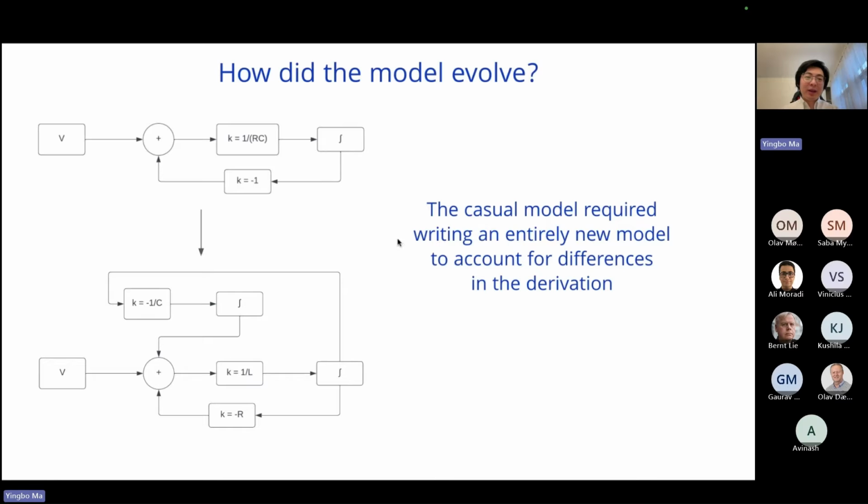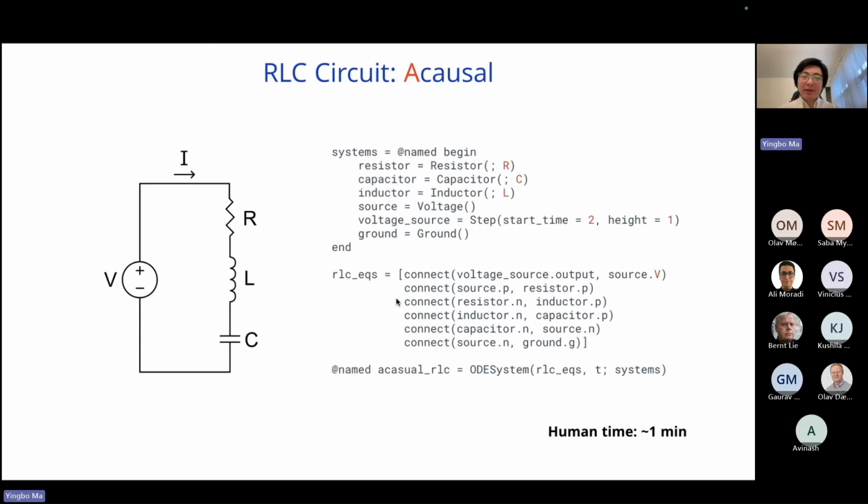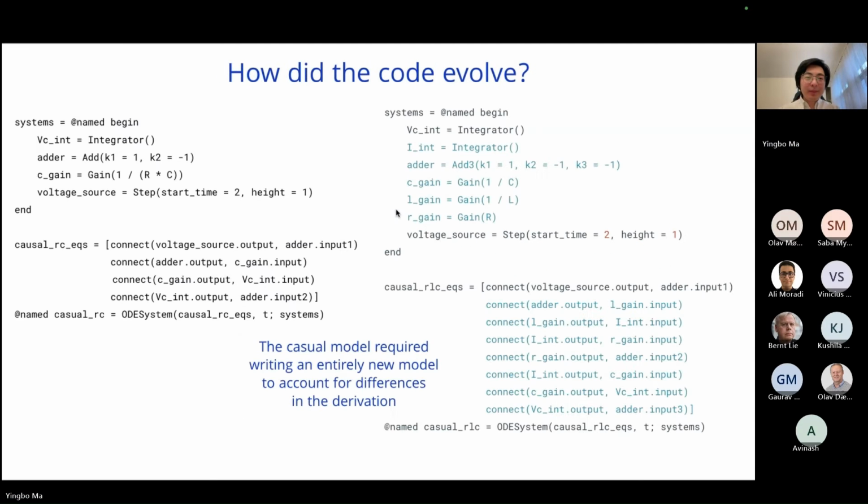So again, to recap, this is how the block diagram evolves when we introduce a new inductor, and it looks completely different. However, with the acausal modeling, all we need to do is to introduce an inductor model.